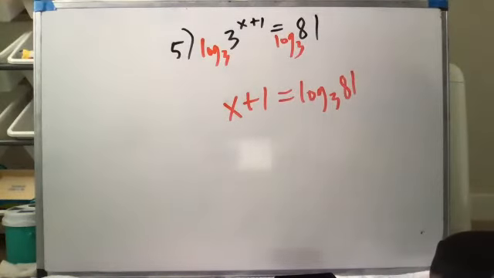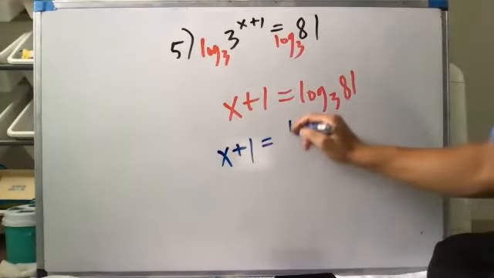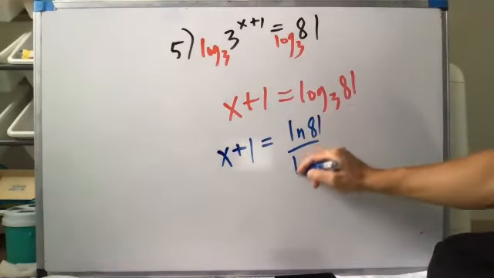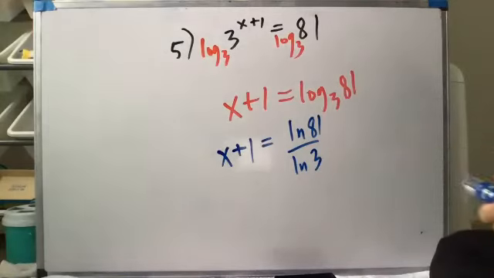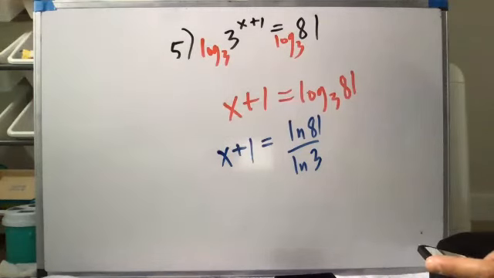But I want to rewrite that as x plus 1 is equal to natural log of 81 over natural log of 3. And I'm just going to plug those things in. And I'll show it to you again on the calculator, even though I know that's 4, but let's just pretend again I don't know.